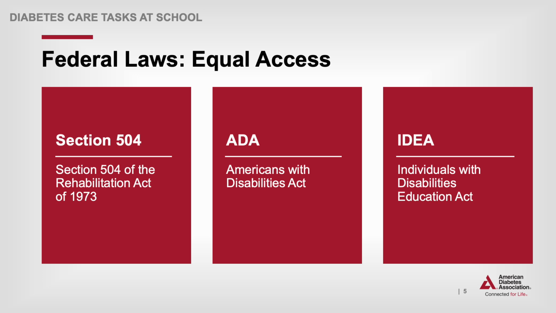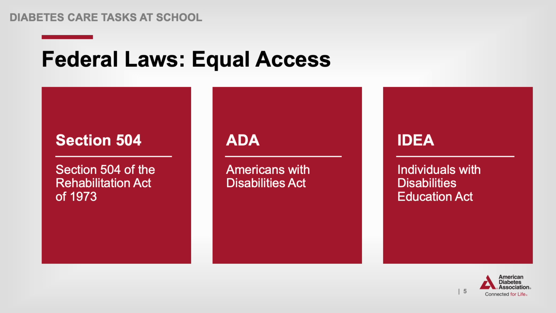3 federal laws address the school's responsibilities to ensure access for students with disabilities: Section 504 of the Rehabilitation Act of 1973, the Americans with Disabilities Act, or ADA, and the Individuals with Disabilities Education Act, or IDEA.